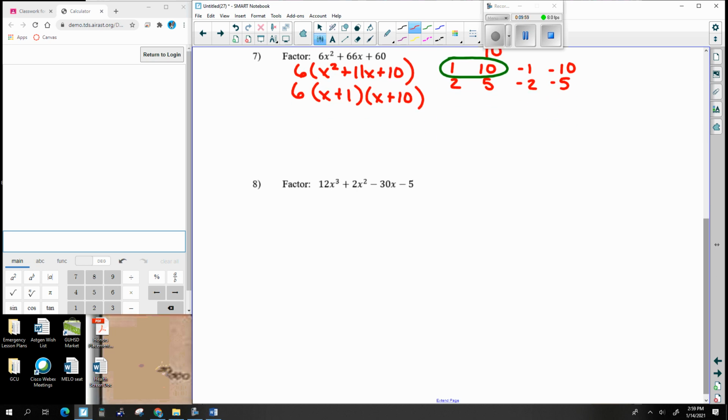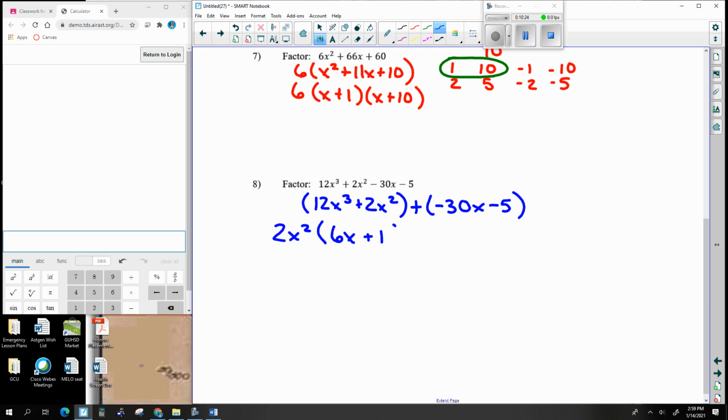Okay, this is most likely grouping. No, there is no common numbers right now, so this is most likely just straight up grouping. So I group up the first two, plus group up the second two. Okay, I GCF out of those individually. So this I can take out a 2x squared, which leaves a 6x minus 1, plus 1.